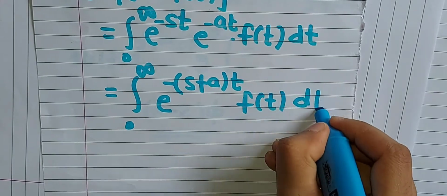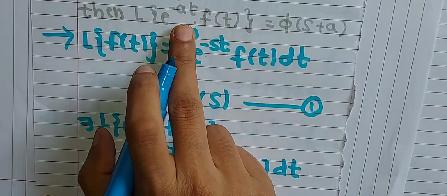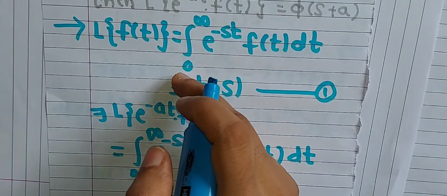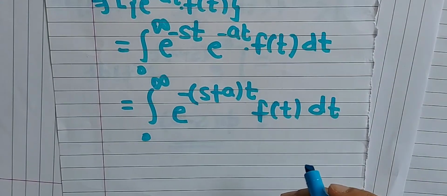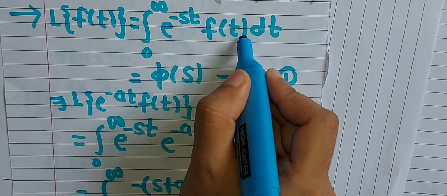and into f of t as the second element into dt. So observe that in equation number 1 we have this integration, and similarly we have obtained this integration, both have the range 0 to infinity, e raised to minus st into f of t dt.